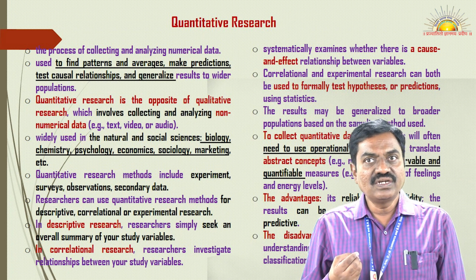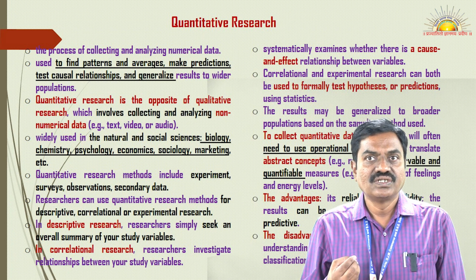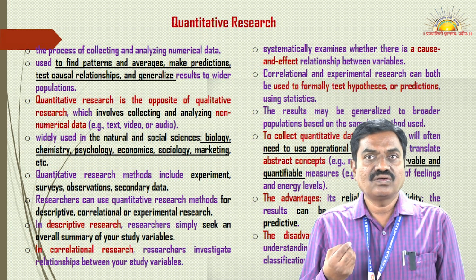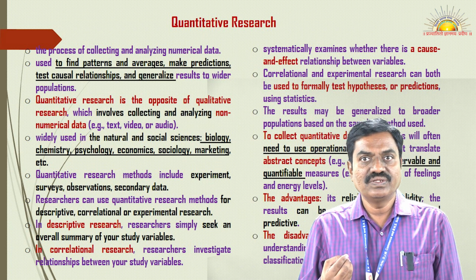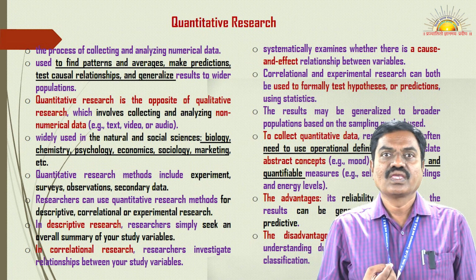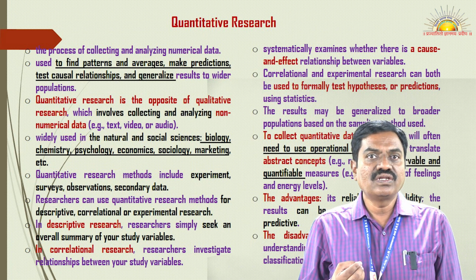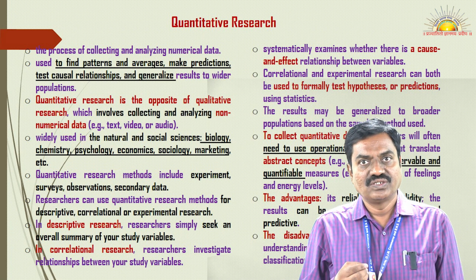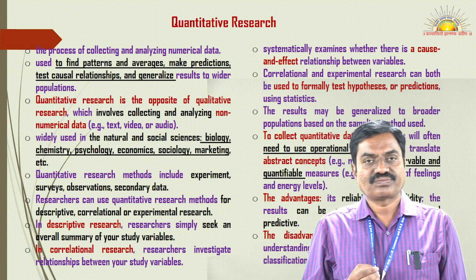And in experimental research, researchers examine whether there is a cause and effect relationship between variables. Correlational and experimental research can both be used to formally test hypotheses or predictions using statistics.